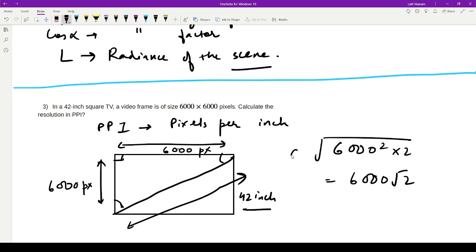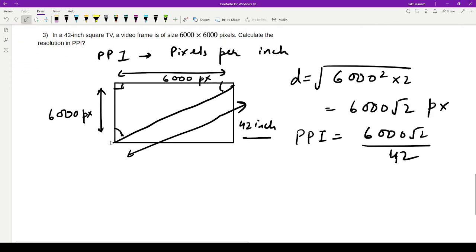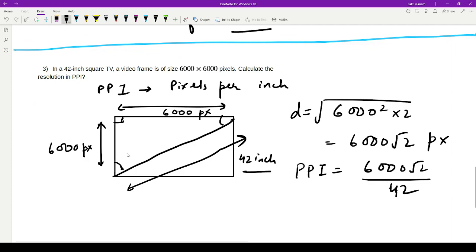This is in pixels, but we have the same quantity in inches, so both should be the same. So what's PPI then? Divide by 42: 6,000 root 2 by 42. We need a calculator, but it's fine. So is the idea clear? How do we measure the resolution on a TV? Okay, great.